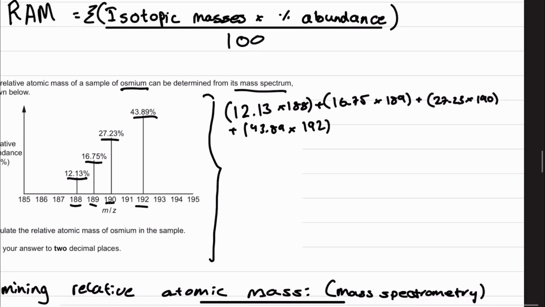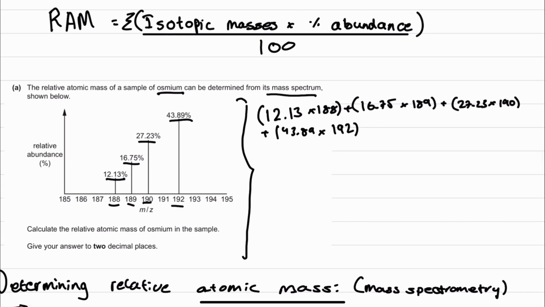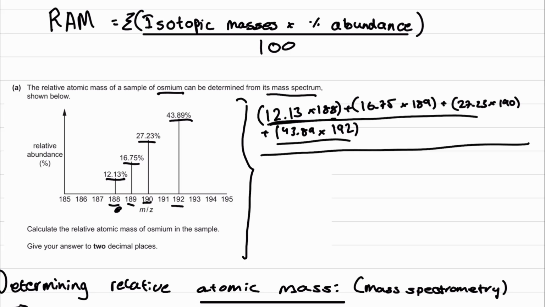So using this, what I just did here was take the percentage abundance at each relative atomic mass, multiply them together, and then sum all of that. And then we just divide that all by 100, giving us an answer of 190.47 to 2 decimal places.